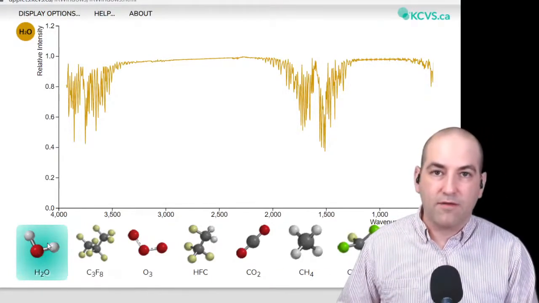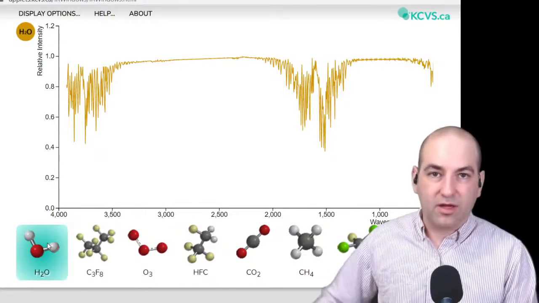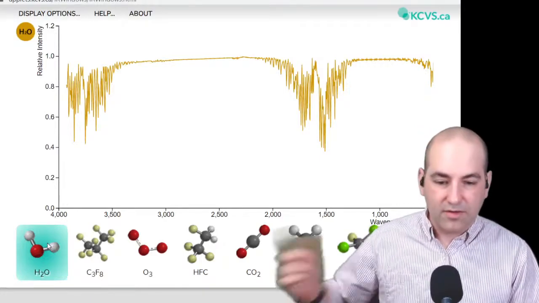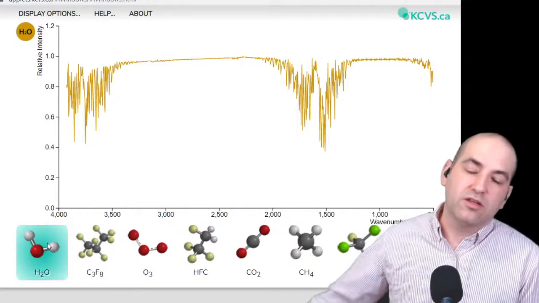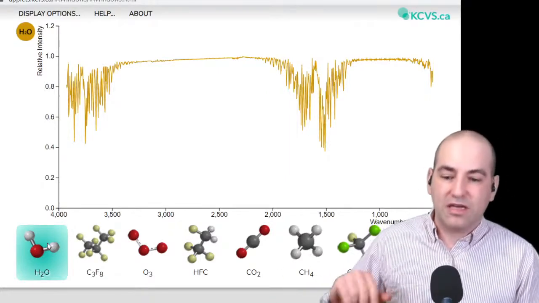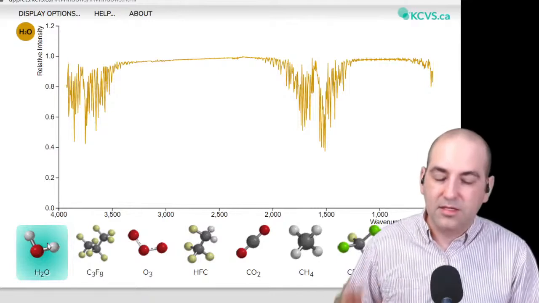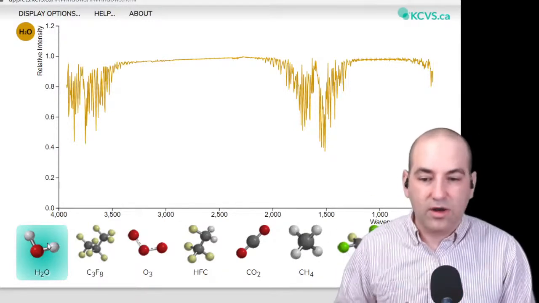Normally we're used to looking at a graph where the numbers go up from left to right. These go down from 4,000 to 500. So this is light that is decreasing in energy. The light on the left side of the graph is higher energy, and the light on the right side is lower energy.